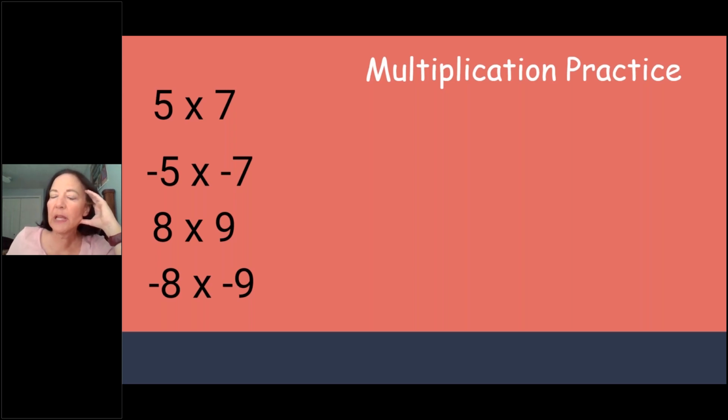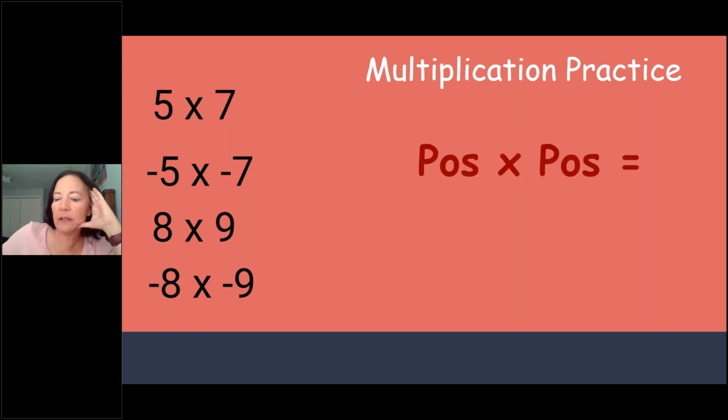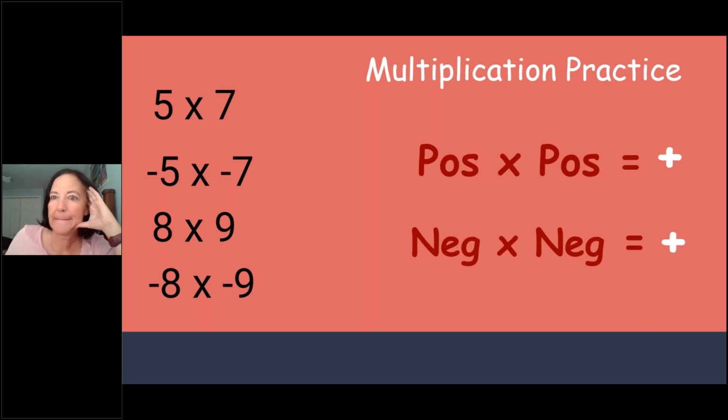Will our answer be a positive or a negative, Brianna? It's going to be a positive. Nice job. Do you know what 5 times by 7 equals? 35. You're awesome. So that one's going to be a positive 35.